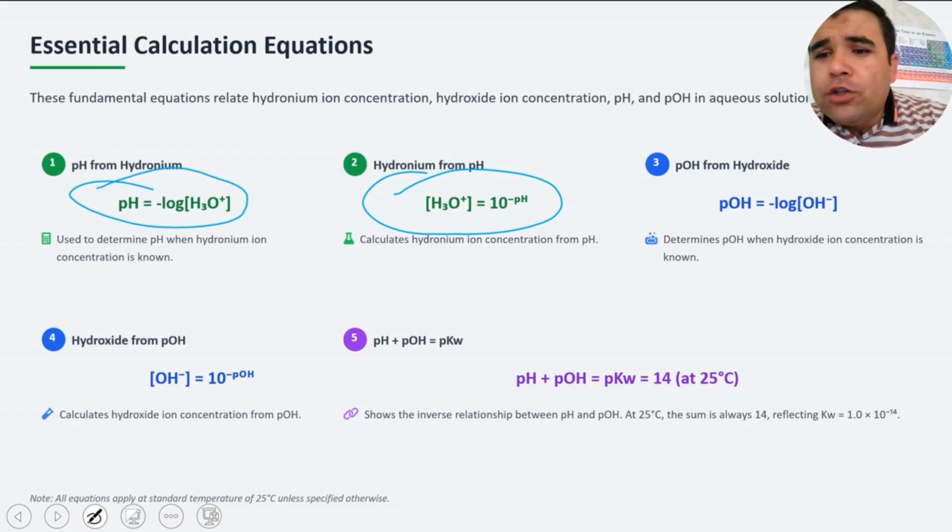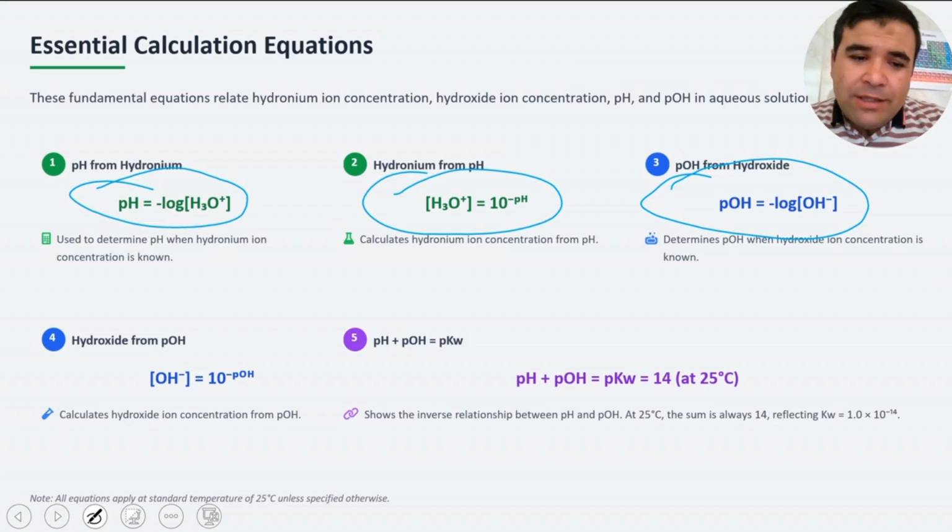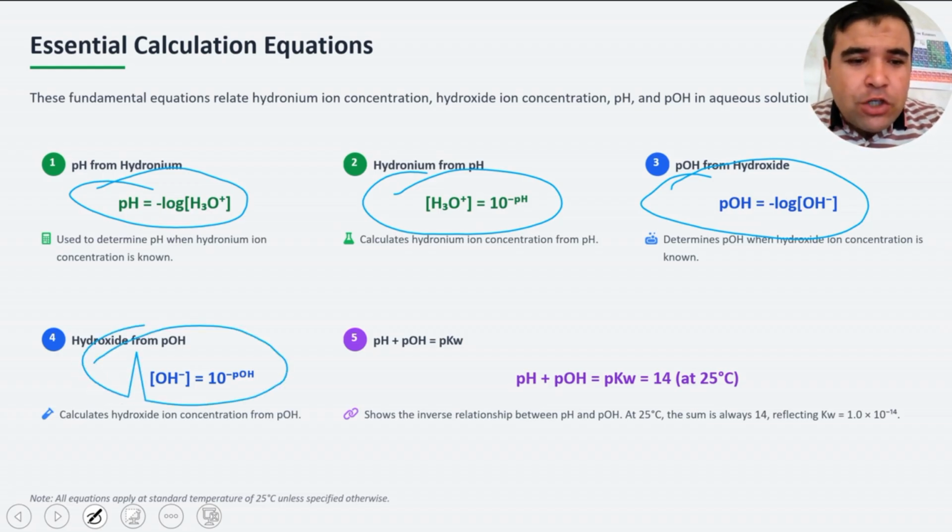If we want to convert the hydroxide into pOH, guys, we can use this equation, that negative log of hydroxide represents the pOH, or if we want to calculate the hydroxide from the pOH, we can use this equation, which represents 10 to the power minus pOH, or antilog of minus pOH.